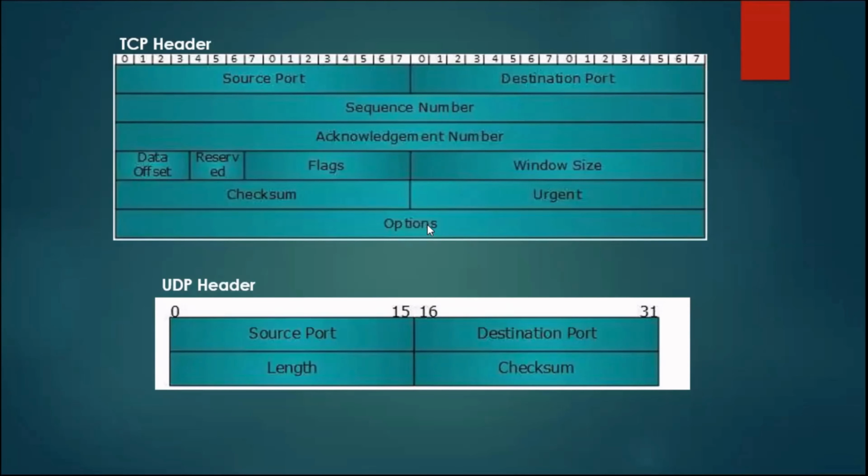These are all different parameters for the packet to understand where it's coming from, right?